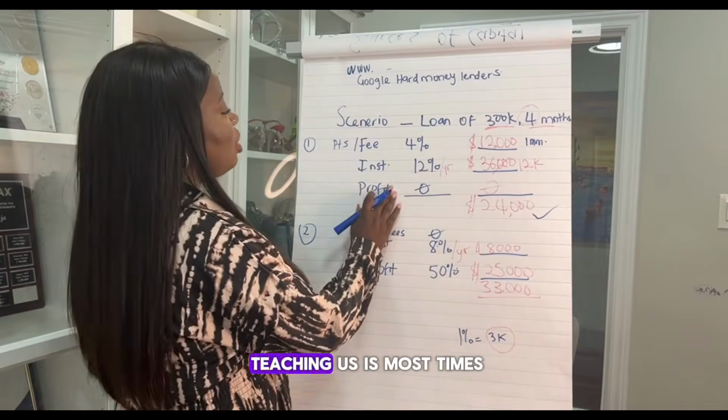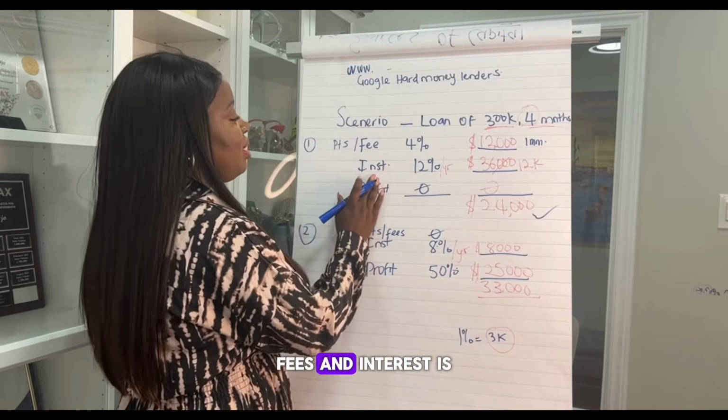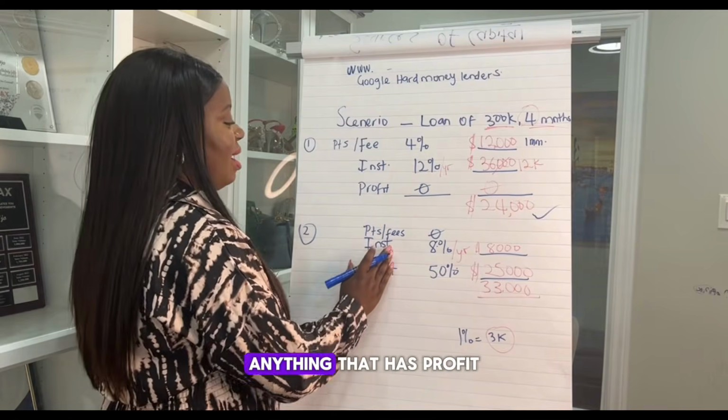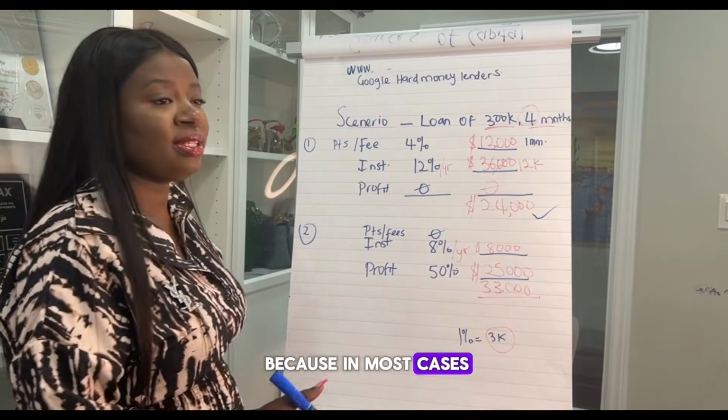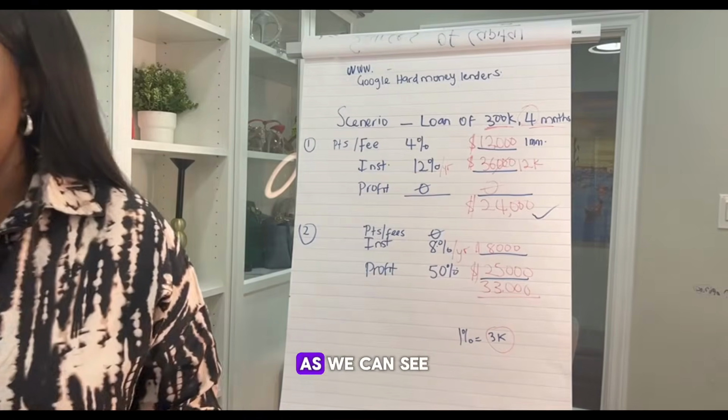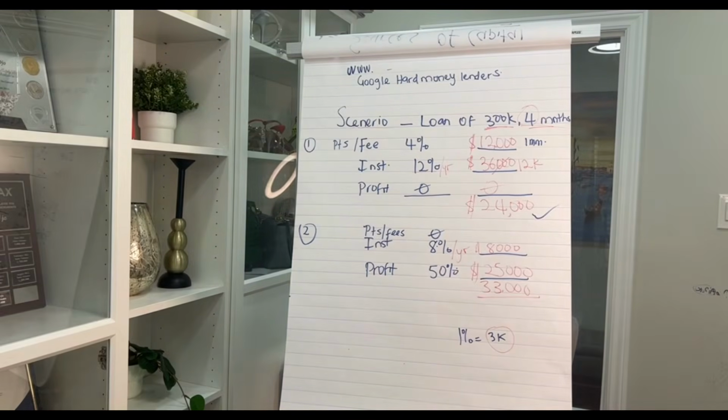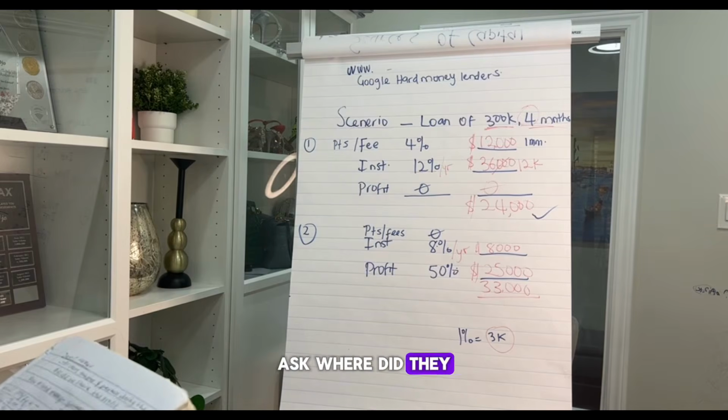So what this is teaching us is most times fees and interest is much better than anything that has profits, because in most cases you're leaving money on the table, as we can see in this example. So don't just look at the deal, ask where they got the information.